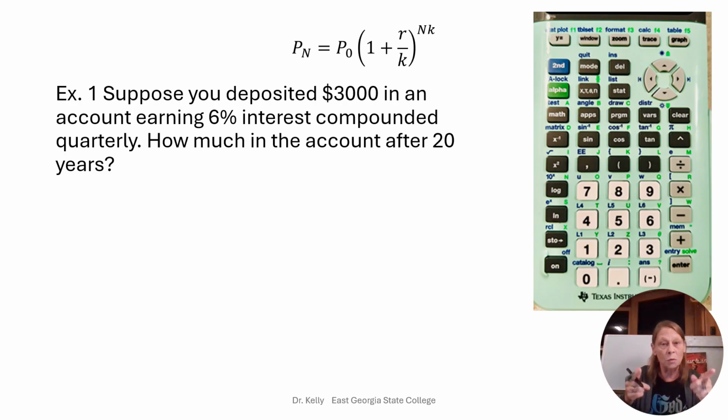Okay, so let's get to the problem. Notice I've got the formula written up here. I'm going to write down all of our variables. So P sub n, and in this case, n is 20 years, so this is actually going to be the variable P sub 20. All the 20 does is indicate that that is how much you have at the end of 20 years.